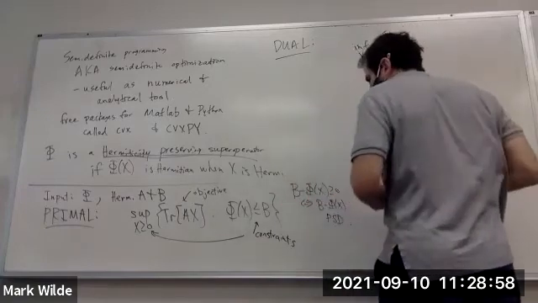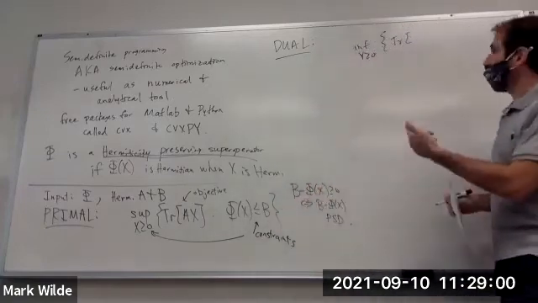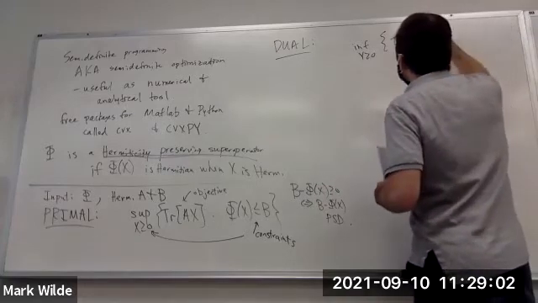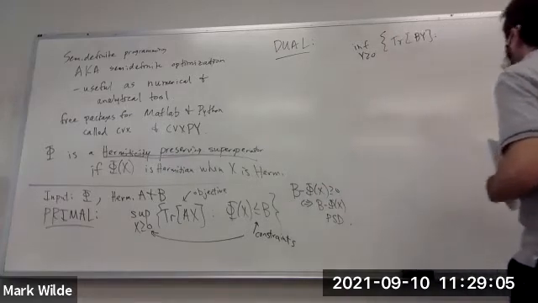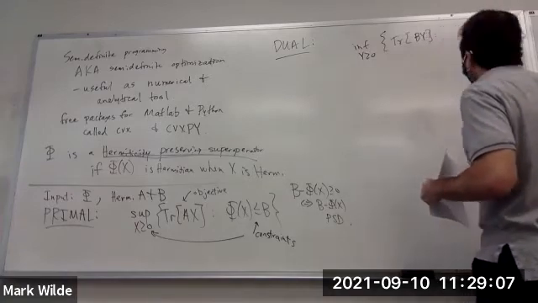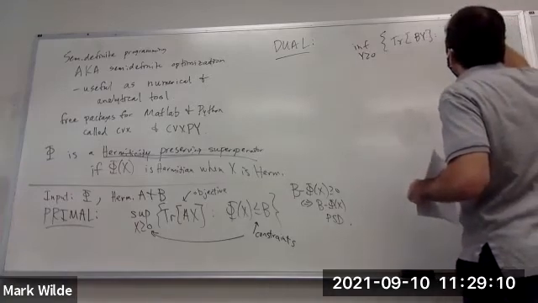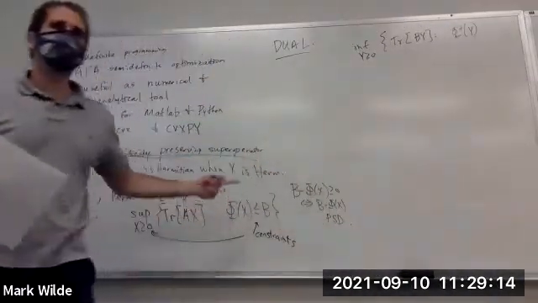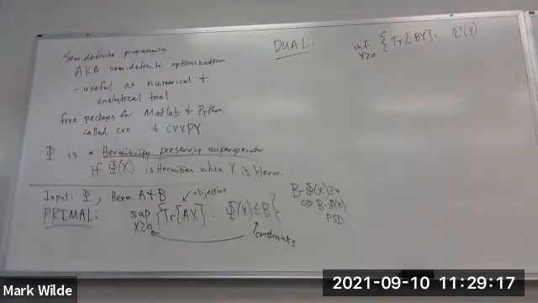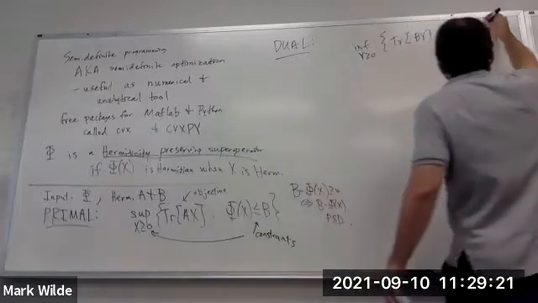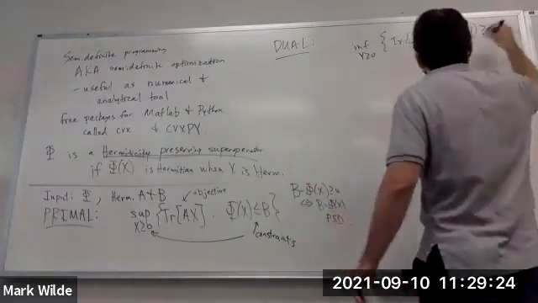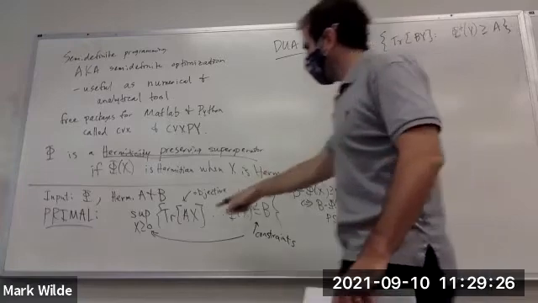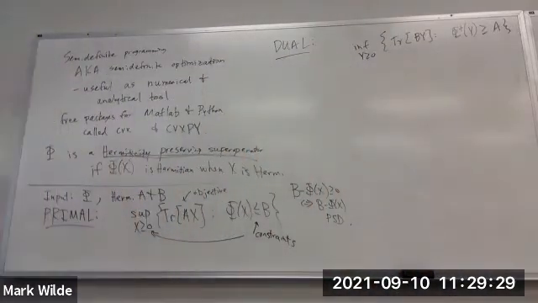The objective function will have what's in the constraint. It'll have B times Y. And then the dual constraint will involve the dual of Φ, that's the adjoint of the superoperator. And then rather than less than, greater than A, and A is what was there in the objective for the primal. So you flip it around and you get this.